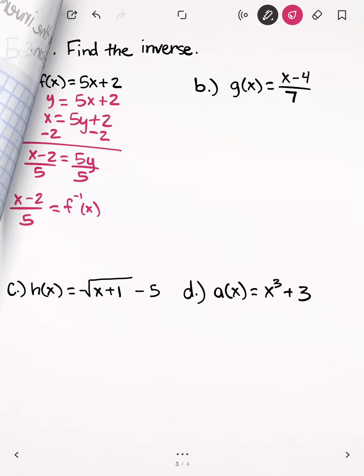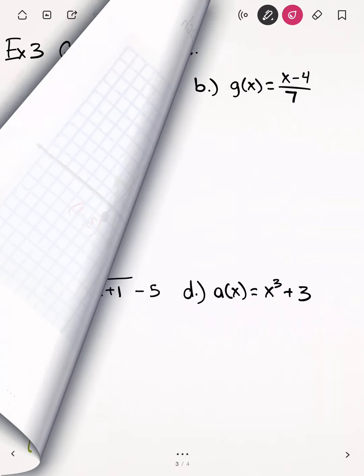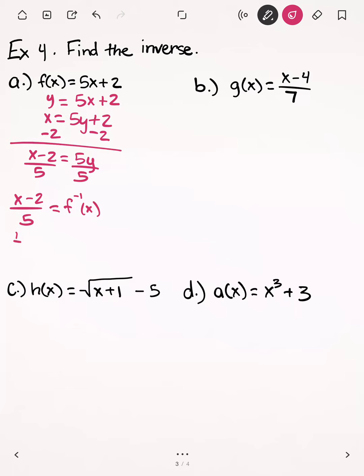Another way this could be written is 1/5 x minus 2/5. So it's important to know both ways to write it just in case you get one answer but the other is one of the answer choices.